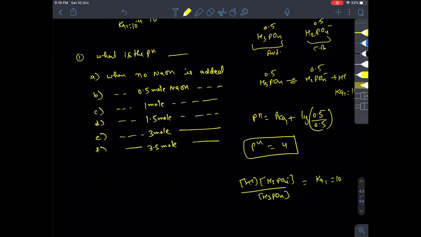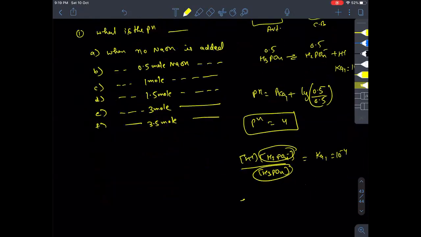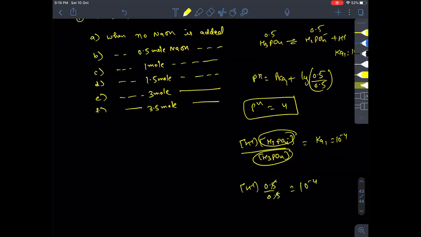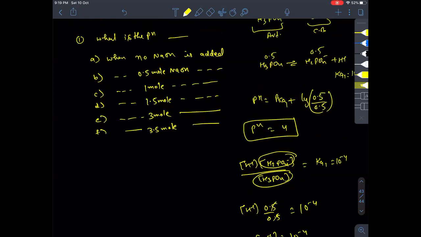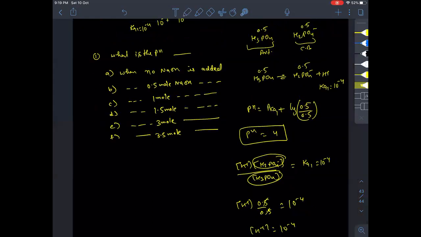And how much? 10 to the power minus 4. And how much is this concentration? So H plus into 0.5 upon 0.5 is equal to 10 to the power minus 4. So H plus, how much did you get? 10 to the power minus 4. So how much is the pH? It will be simply 4. That's how you are supposed to solve. It is so easy, provided you know how to use them.